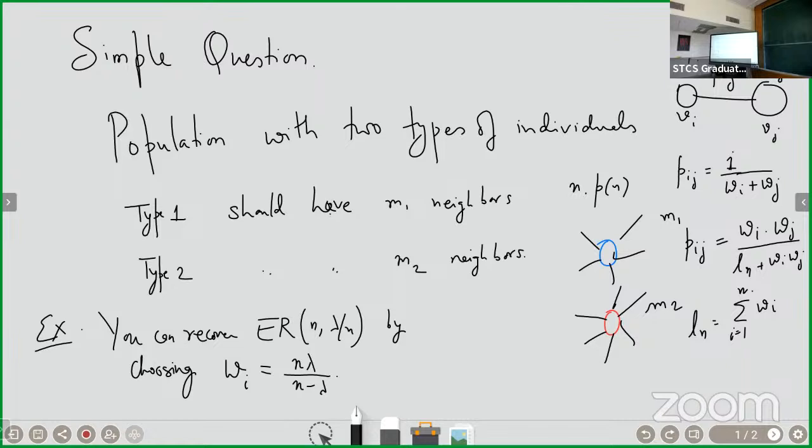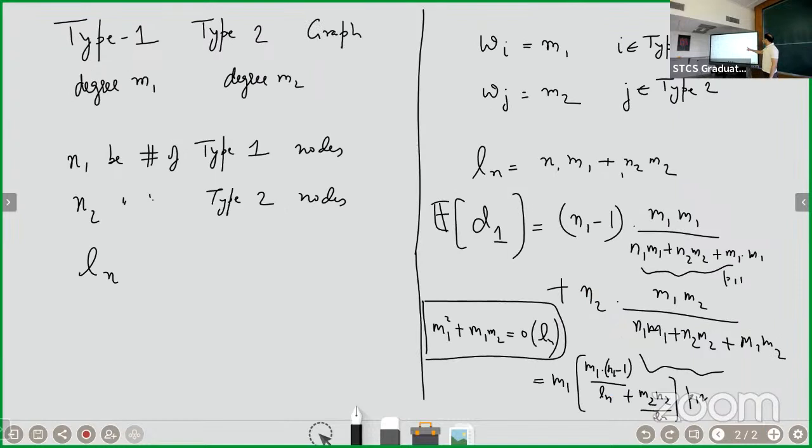But does it work out in the case of a population of 3 different types? Let's see. So here, what would I get? I get M1 times M1. I get 3 types here.